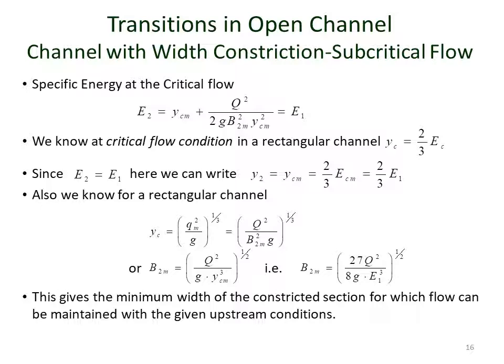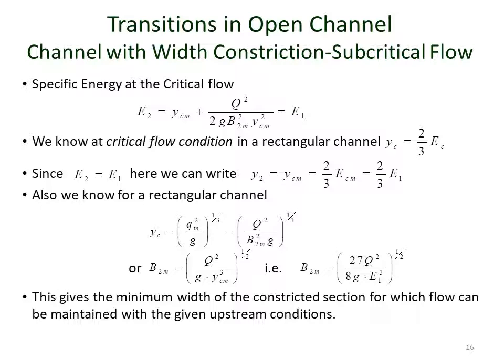Here in this slide we are calculating the maximum possible reduction of the channel width, or the minimum width to which the channel can be constricted so that the choking condition doesn't happen. So the specific energy at the critical flow is given by the first equation of the slide.